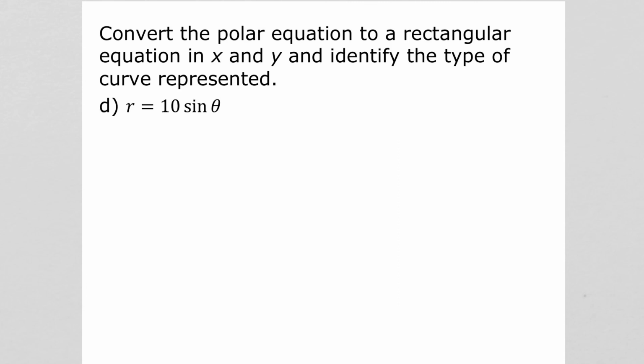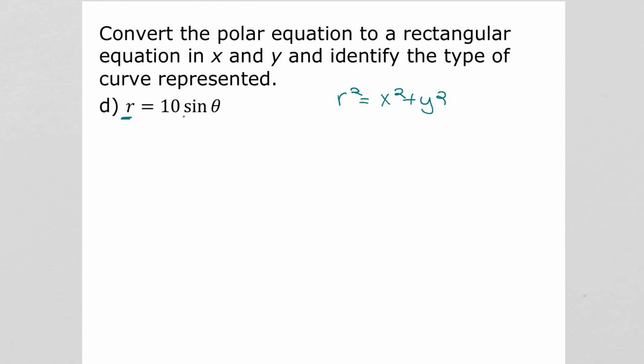And for part D, change this one into rectangular form. Well, somewhere we need to put x and y. So we know that if we have r squared, then we can plug in x squared plus y squared.